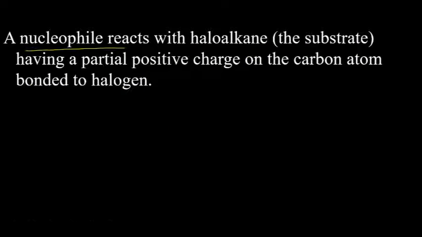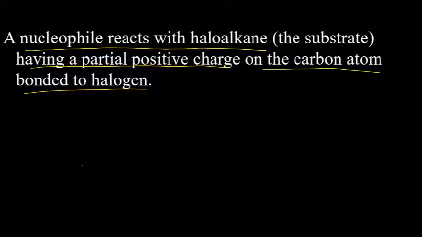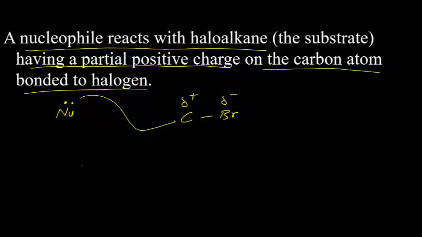A nucleophile reacts with haloalkane having a partial positive charge on the carbon atom bonded to halogen. So if you have this one, say it is Br here, this will be a polar bond, slightly negative, slightly positive. So obviously nucleophile will attack on that carbon which has positive charge, the carbon to which bromine is attached, because other carbons won't have that much positive charge.